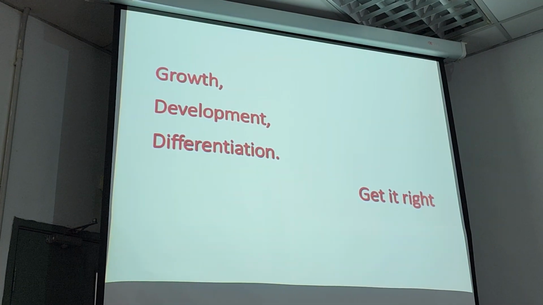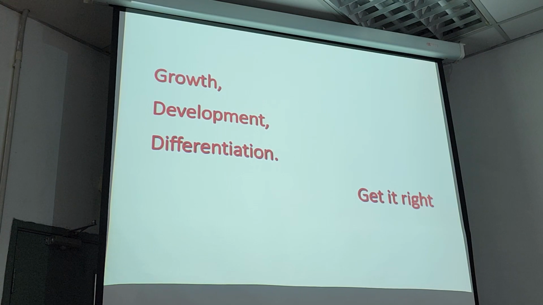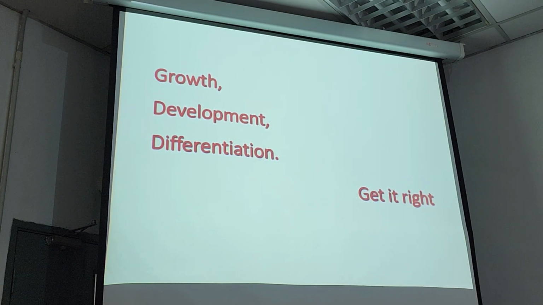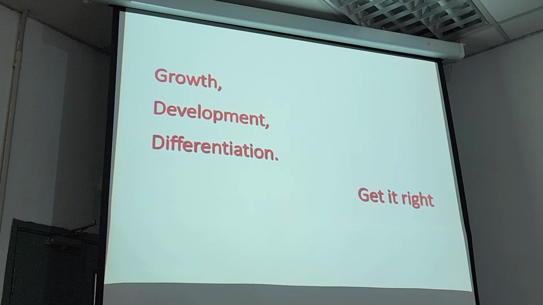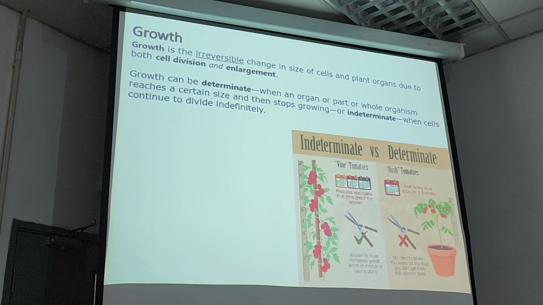Right. So let's continue this. For the final part of the lesson today, we have a quick look at the 3 terminologies important in plant physiology, namely growth, development, and differentiation. You need to get these terminologies correct. Okay? So growth. What is growth?